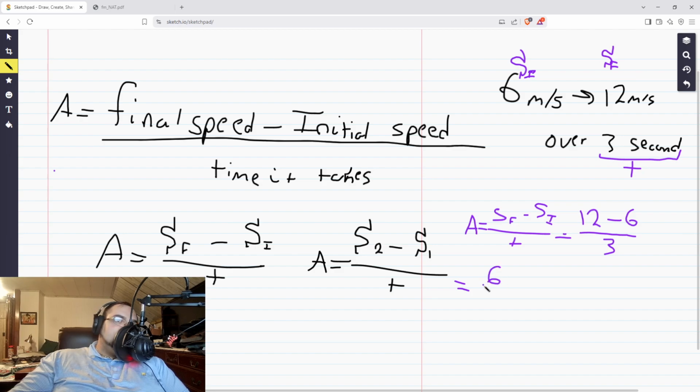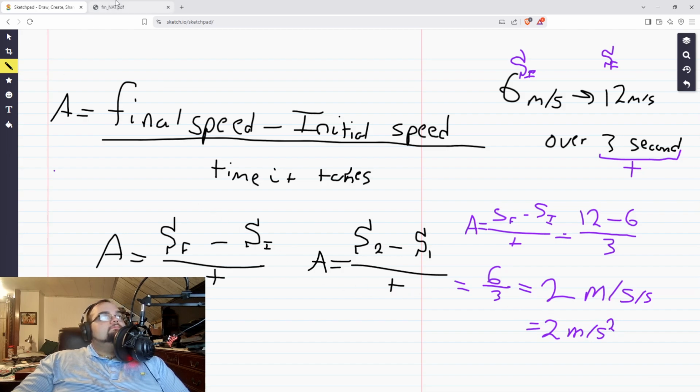Good, it's 6 divided by 3. Who could tell me what 6 divided by 3 is? Cool, it's 2. So that's 2 meters per second, but that's a weird way to write it. I don't like that. So we're going to write 2 meters per second squared.